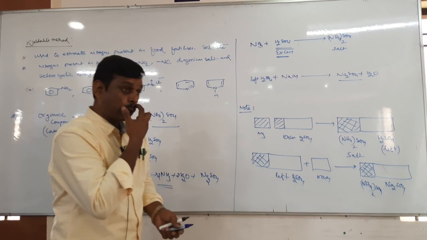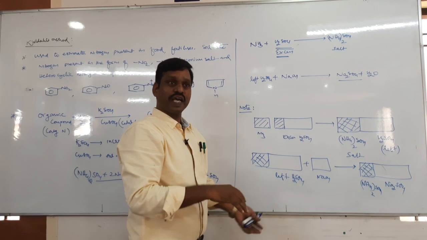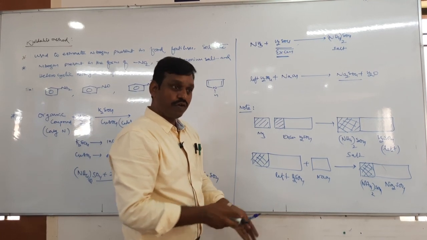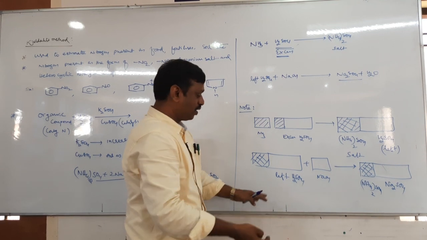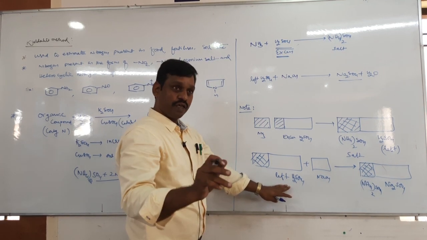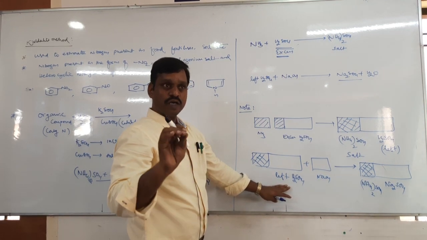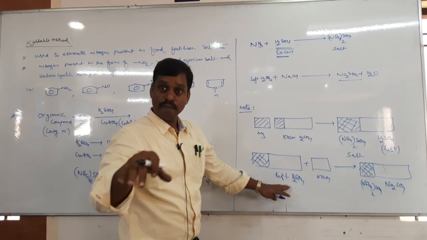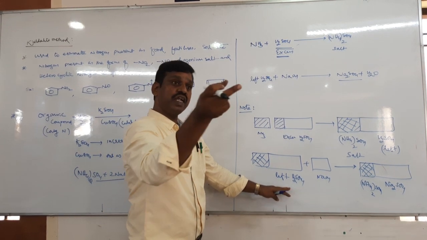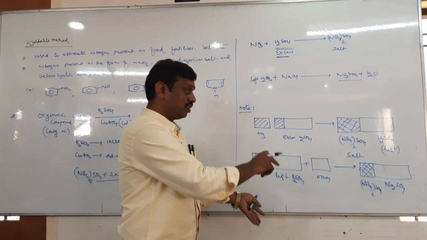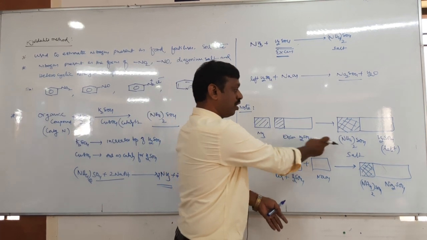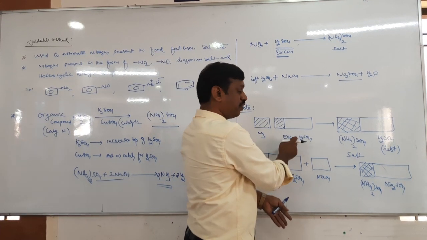Okay, now what are we actually doing? Why are we doing all these things? We wanted to calculate ammonia, but we are not calculating ammonia directly. What we have done is that ammonia is converted into ammonium sulfate with sulfuric acid.